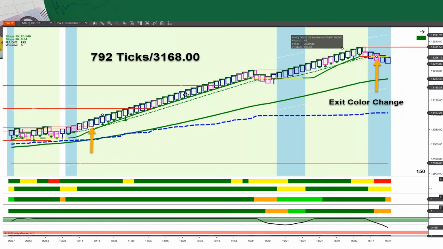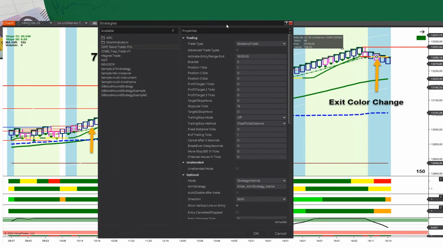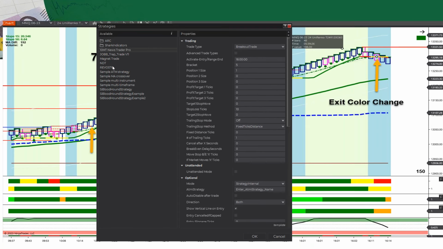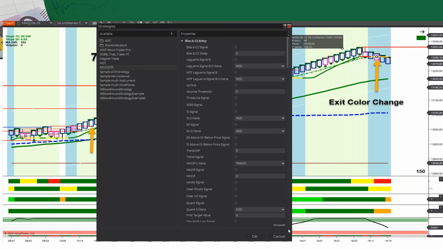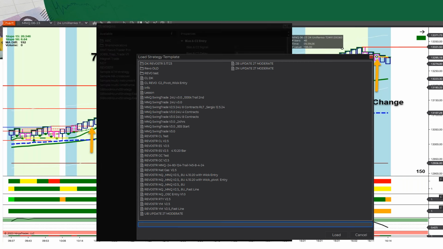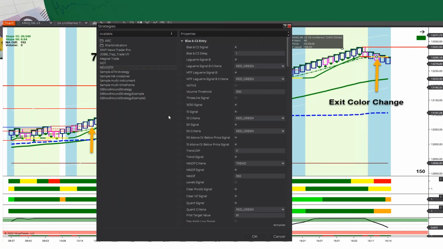So what does it do? I'm going to open up the strategy so I can show you the settings. I have a screenshot, but it's much easier for me to show you in the strategy. So remember the rules we just went over? Okay, I'll just put it on this one, doesn't matter. What were the rules?